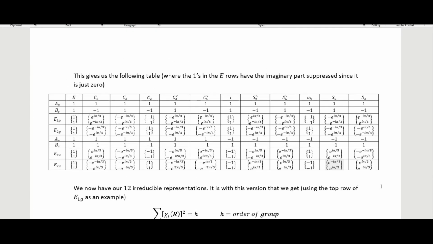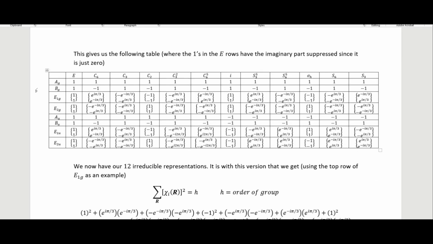The main things I wanted to talk about were these G and U subscripts and what these complex numbers in here mean. The thing to remember is that even in these ones that don't show the complex number, those are complex numbers. It's just that the complex part has gone to 0.